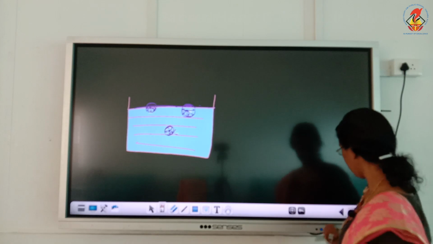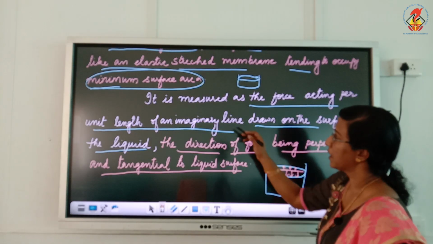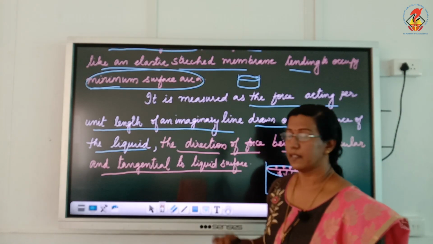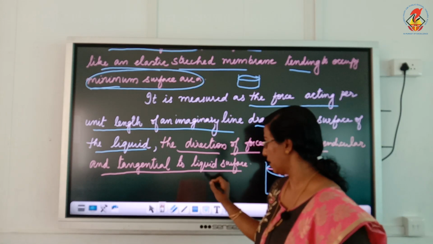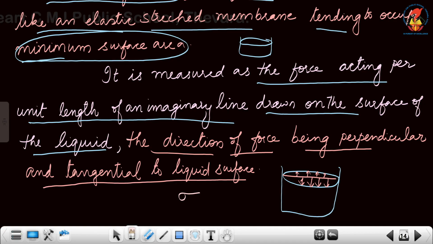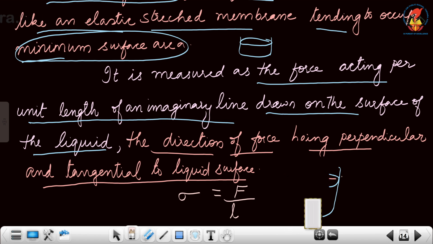Now one thing I forgot in the case of surface tension is the equation for surface tension. Surface tension is represented by the symbol sigma. It is equal to force per unit length, F by L, and its unit is Newton meter raised to -1.